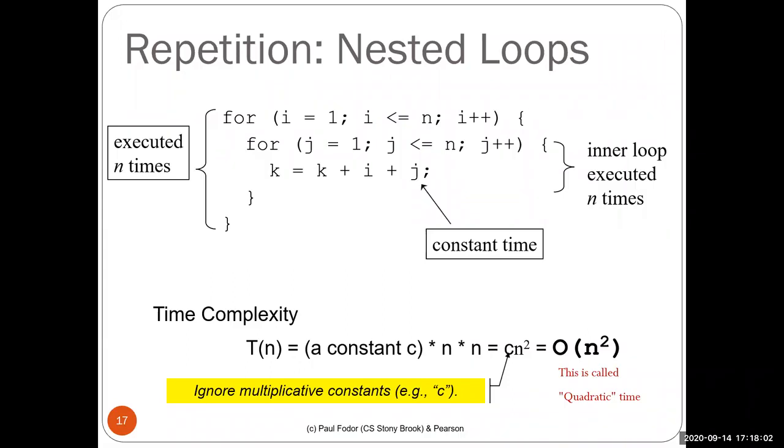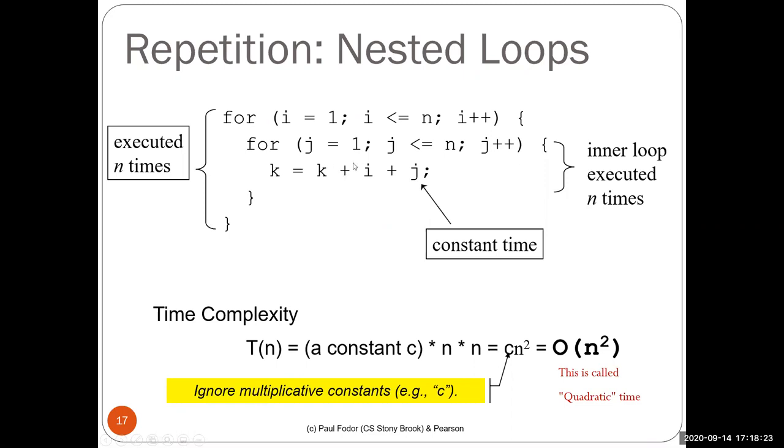Now, what about nested loops? So we have a for loop that iterates from i equal 1 to n. And an inner for loop that iterates for j equal 1 also up to n, and we can see that inside the block of this for loop, there is another constant number of operations.